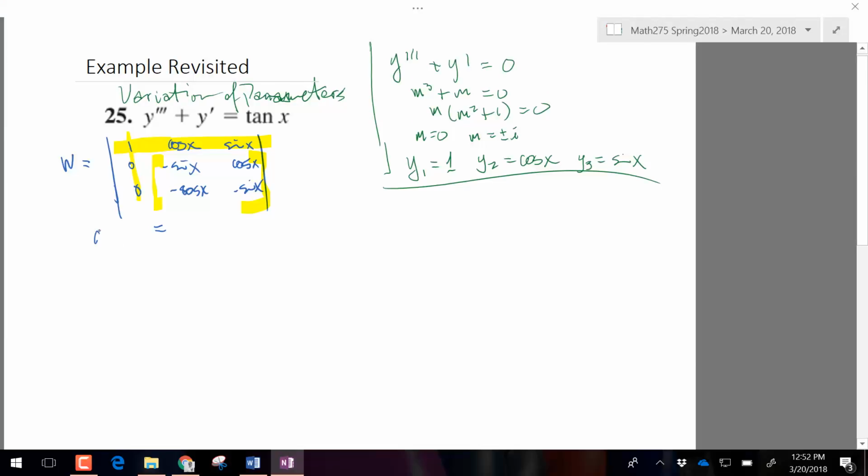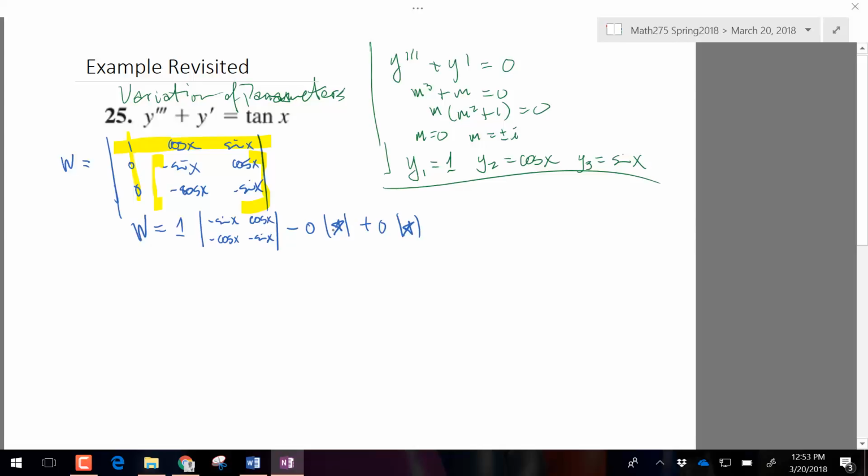So our determinant of W is going to be 1 times the determinant of the submatrix that's left over after you cross out the row and column, minus, and remember you alternate pluses and minuses, 0 times some other matrix that I'm not going to care about, and then 0 times some other submatrix that I'm not going to care about.